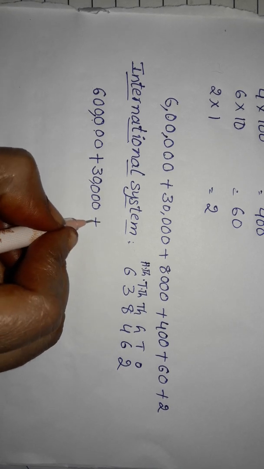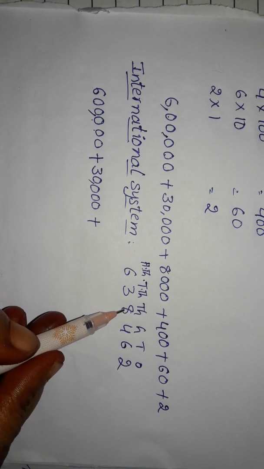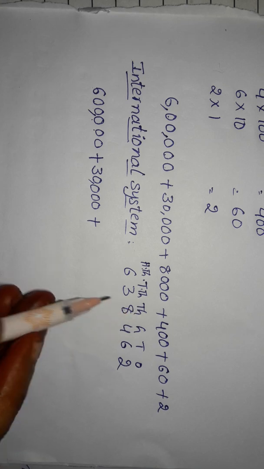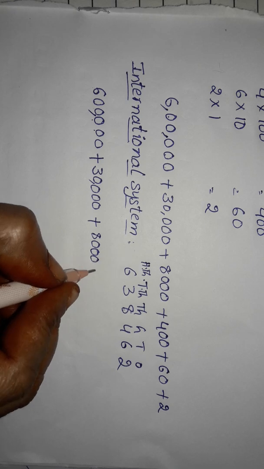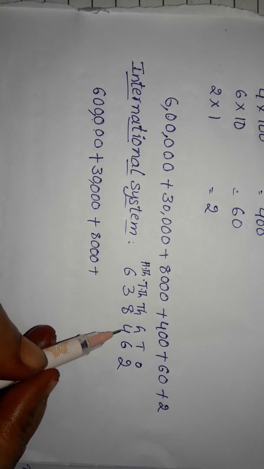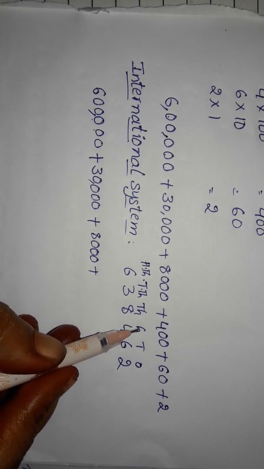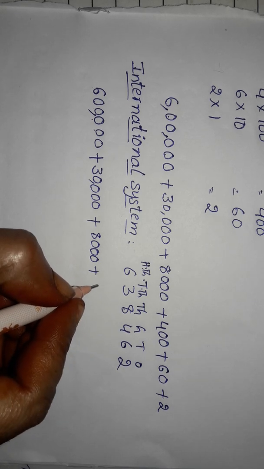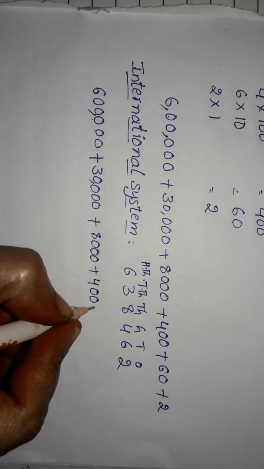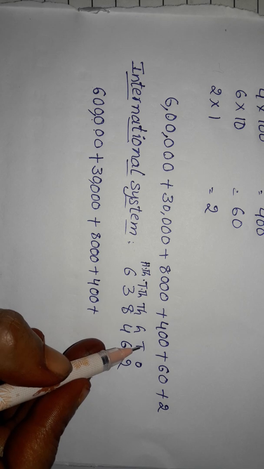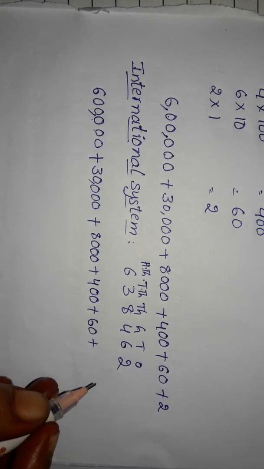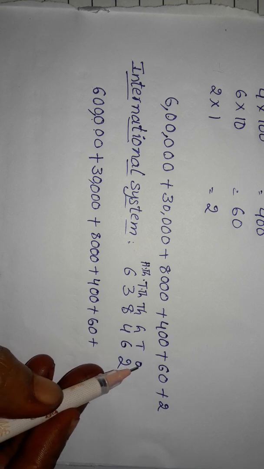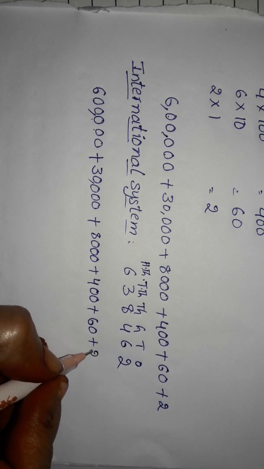30,000 plus 8. In which place? Thousands place. So, 8,000 plus next number 4. In which place? Hundreds place. So, 400 plus 6 is in tens place. 6 into 10, 60 plus 2 is in ones place. 2 ones is 2.